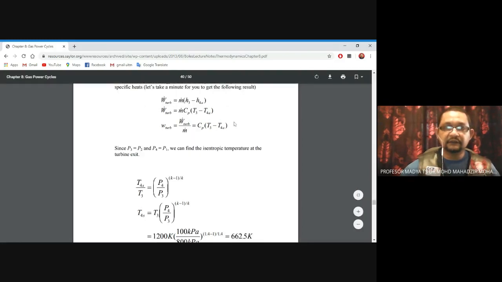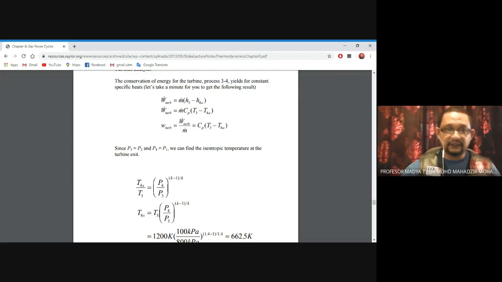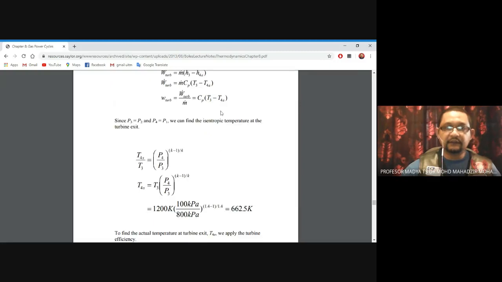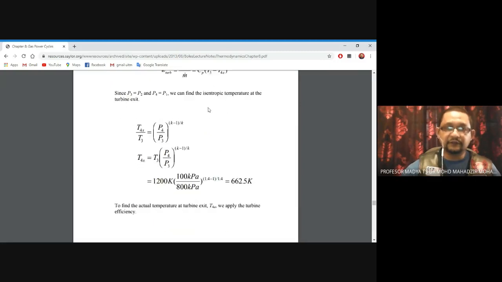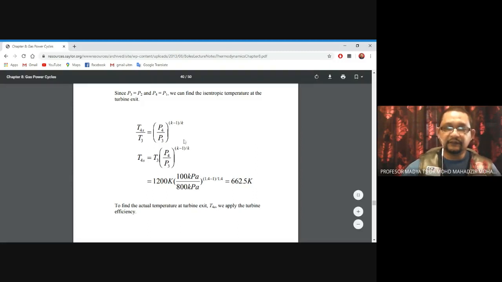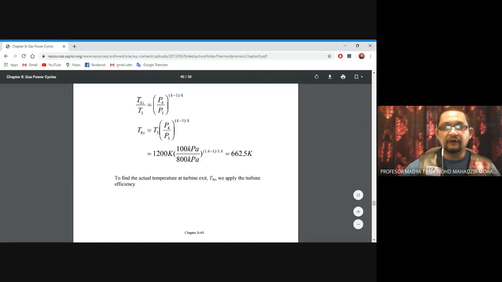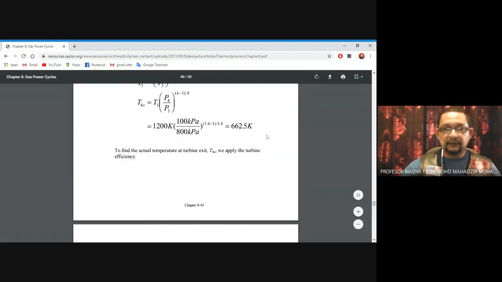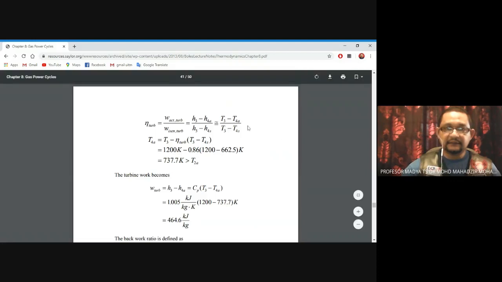This is the turbine work formula, m dot Cp delta T. I use actual temperature for these calculations. Because the turbine, we also assume as isentropic, use the isentropic equations relationship. So from here, you will get T4 ideal is 662.5 Kelvin.